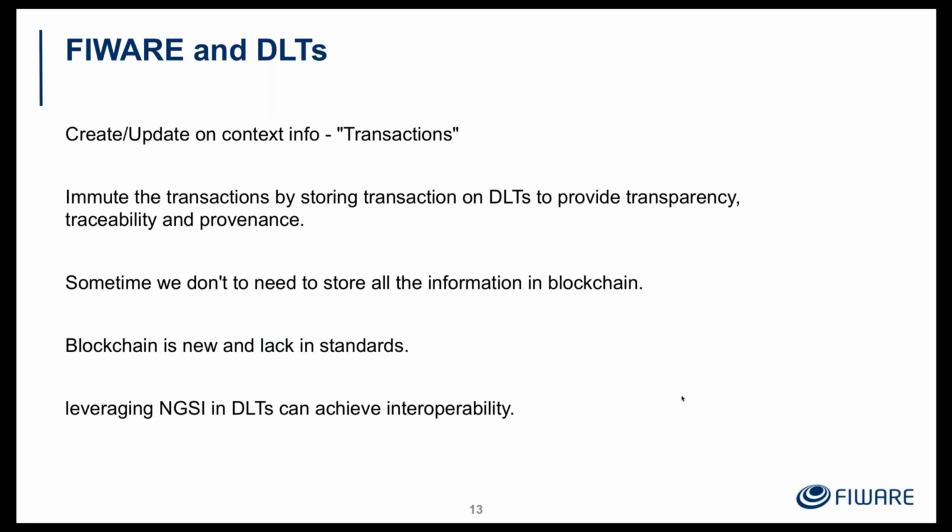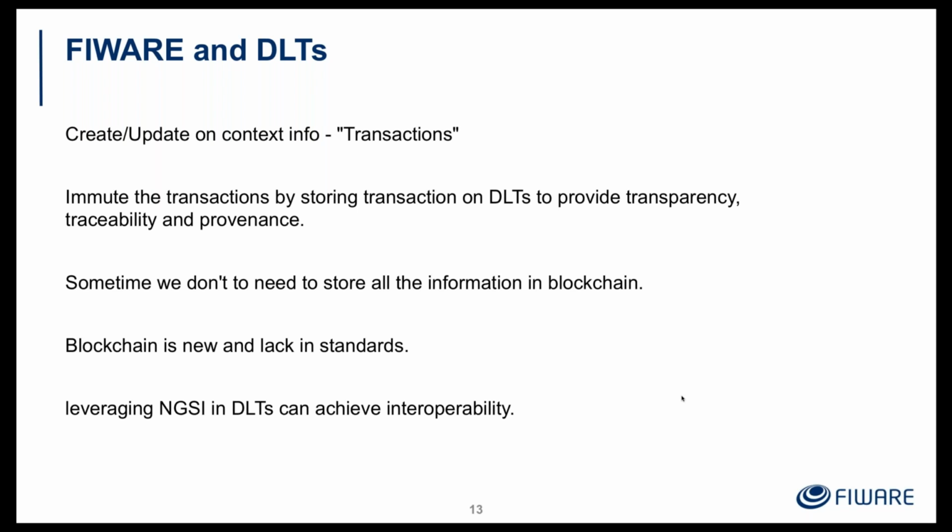And making this transaction immutable by storing it into some kind of DLT can provide transparency and traceability, and you can also try to achieve provenance by applying some kind of provenance model over it. There could also be a possibility that we don't need to store all the information in a blockchain, and we can filter what information we need to store, especially when we're designing a private blockchain.